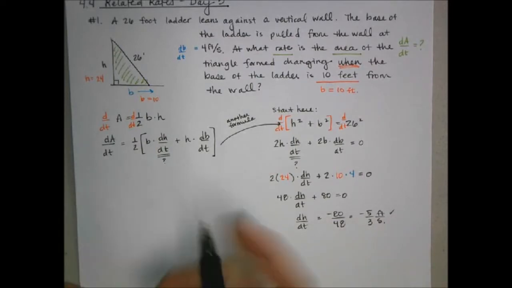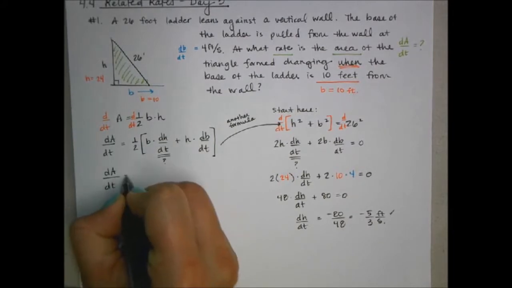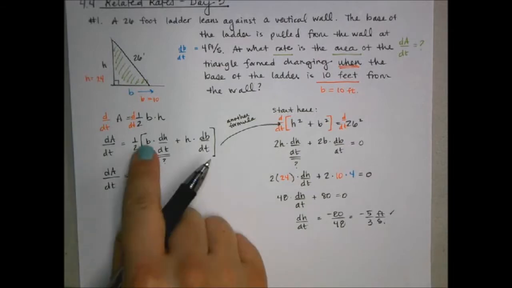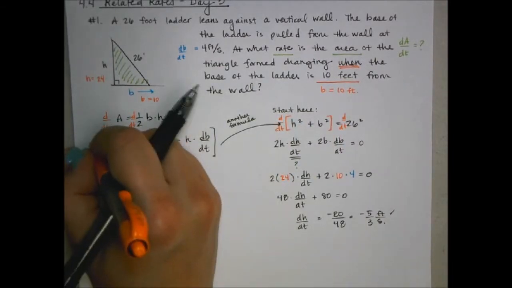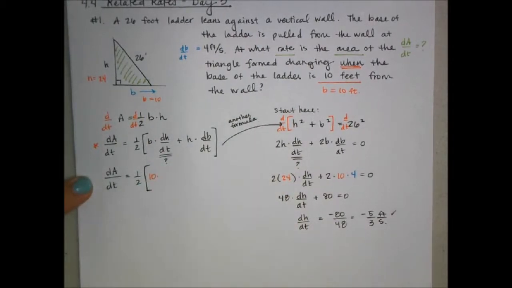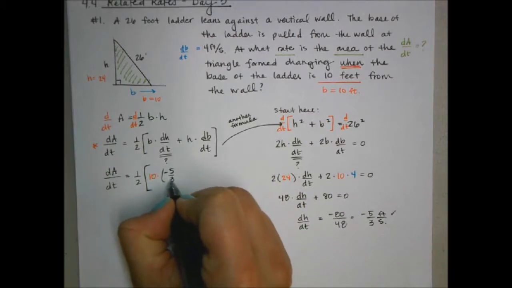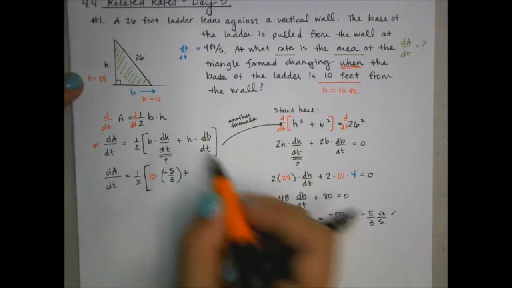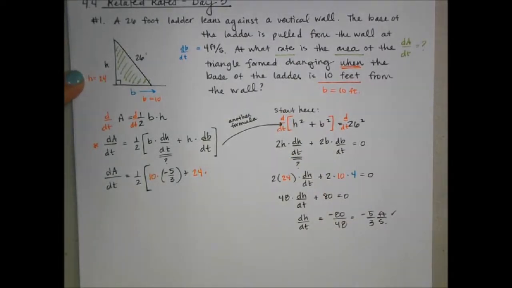So I go back to the problem I started with and plug in the values. So again, b is 10 here in our derivative. So I can now use my derivative values. B is 10. I just found dH/dt was negative 5/3. At this moment, what is H? H is 24 times dB/dt, which is 4. So that was 2 times 4.